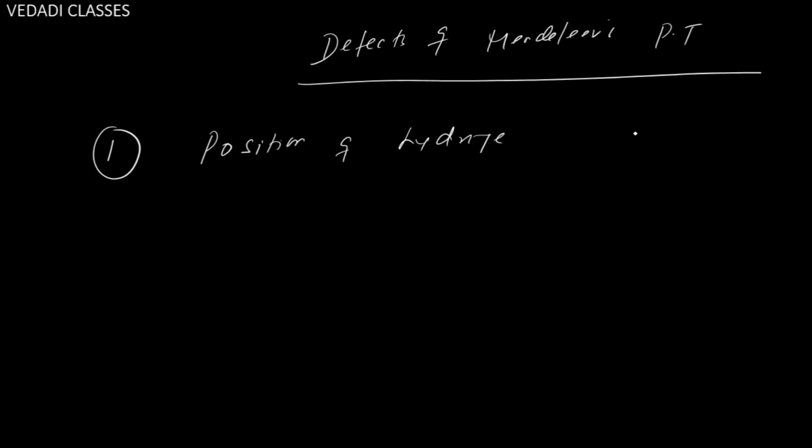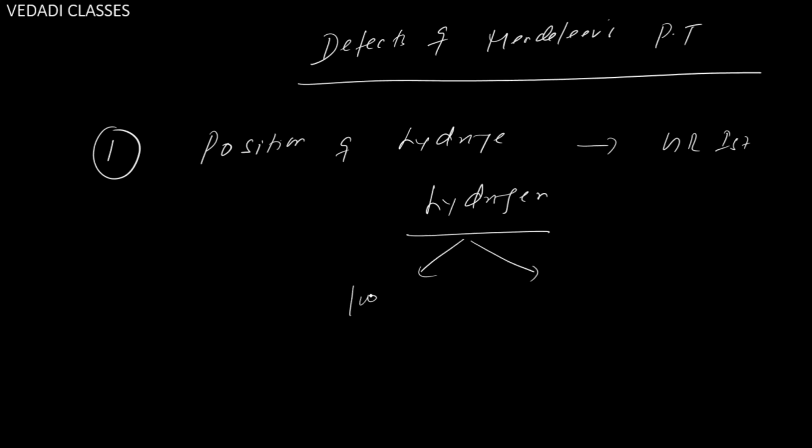Hydrogen has been classified in group one. But hydrogen has both tendencies: the tendency to lose an electron and to gain an electron. When it loses an electron, it has the character of a metal, and when it gains an electron, it has the character of a non-metal.